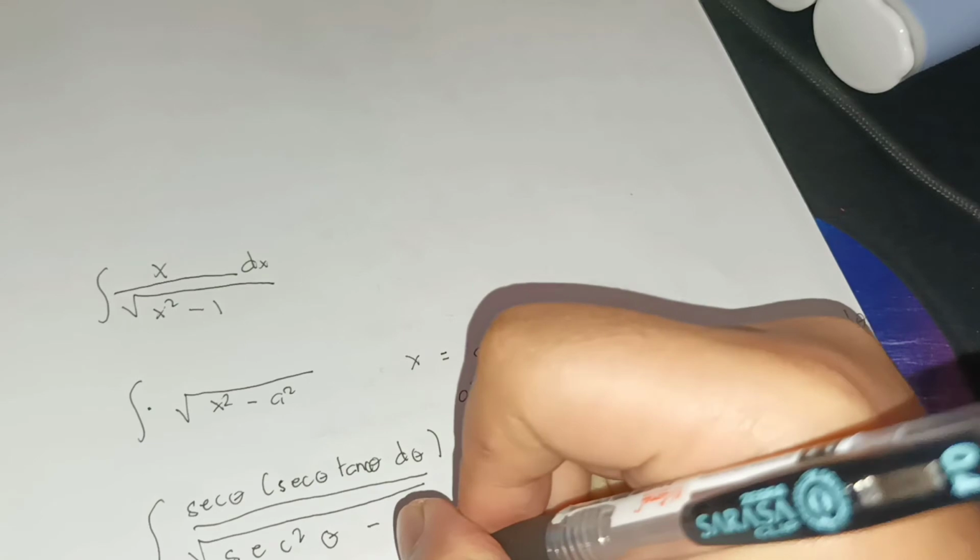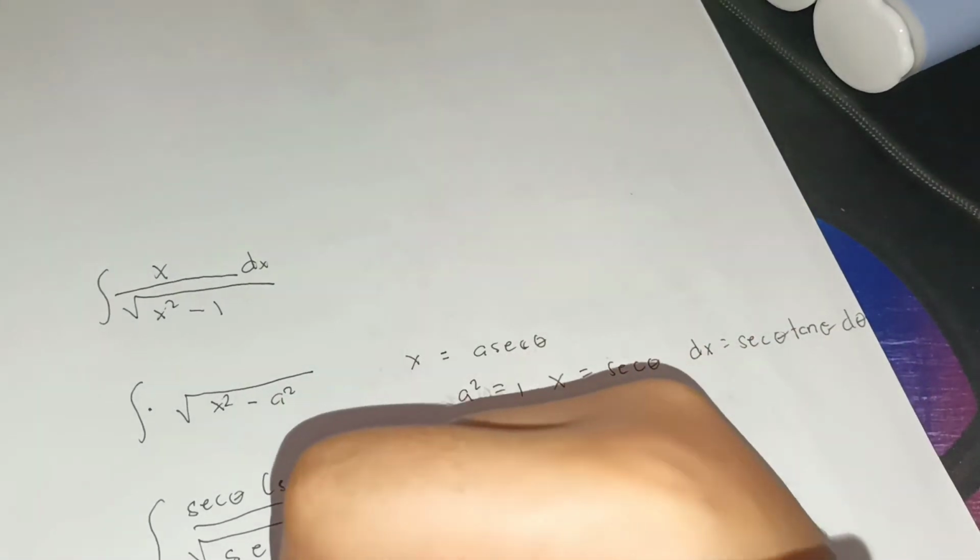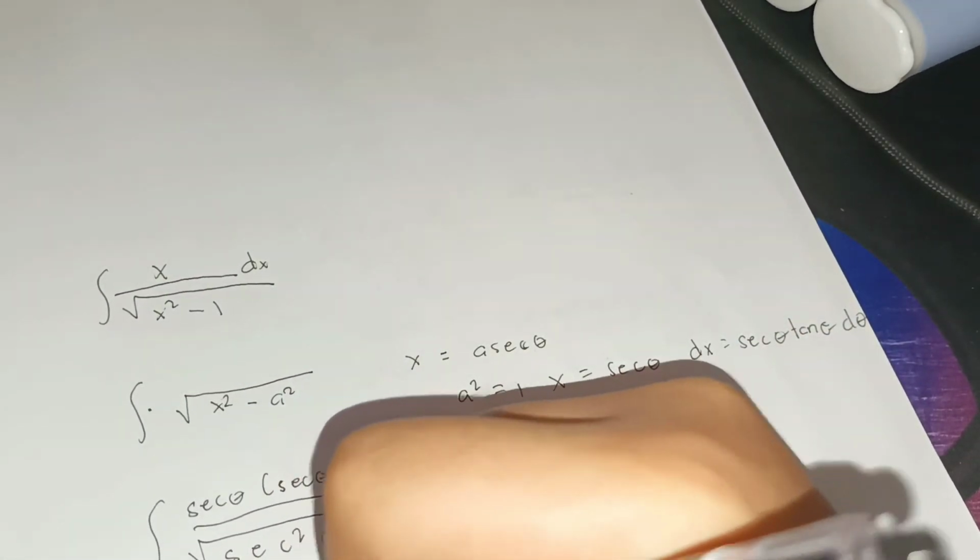And then what we will do here, we will multiply these two, equals secant squared theta tangent theta d theta. Since this is secant squared theta, look for its derivative, which is tangent squared theta.